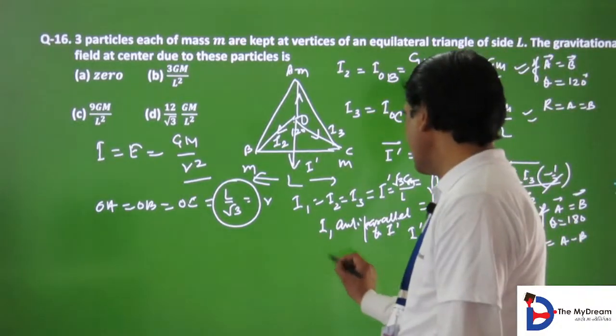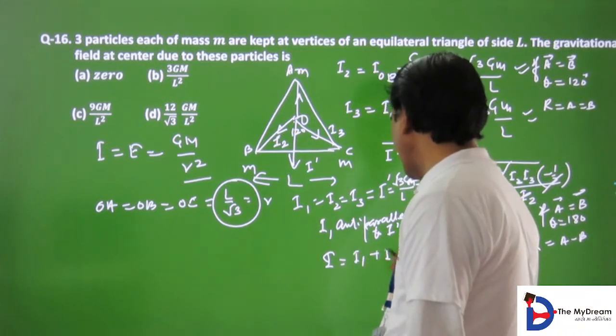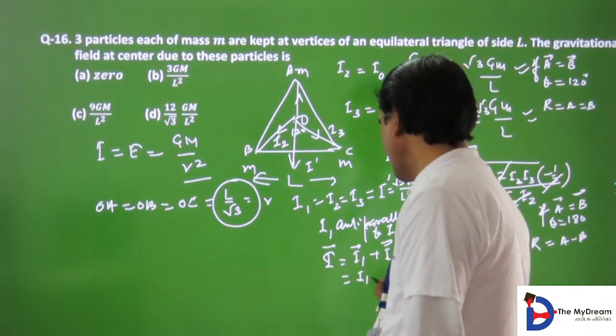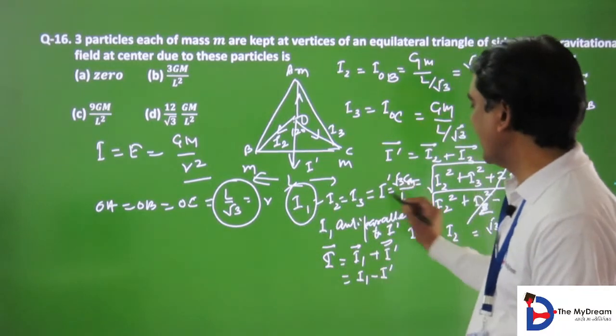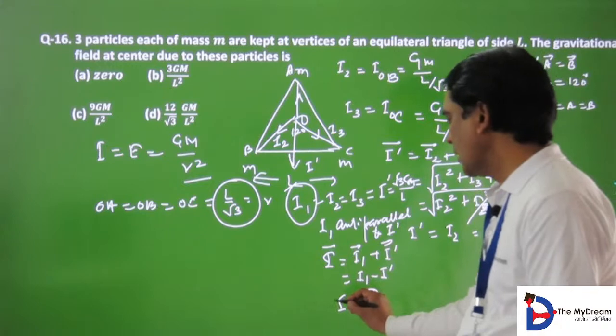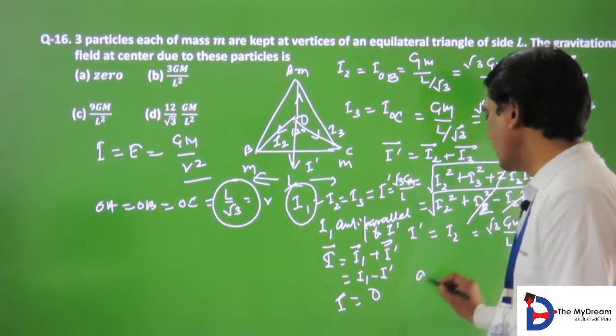So I is equal to vector I1 plus vector I dash, which will become I1 minus I dash, and you see I1 is equal to I dash, so it will become 0. It will become 0. Option A is correct. Option A is correct.